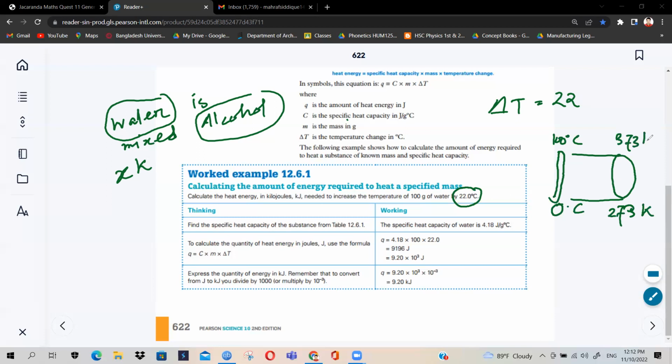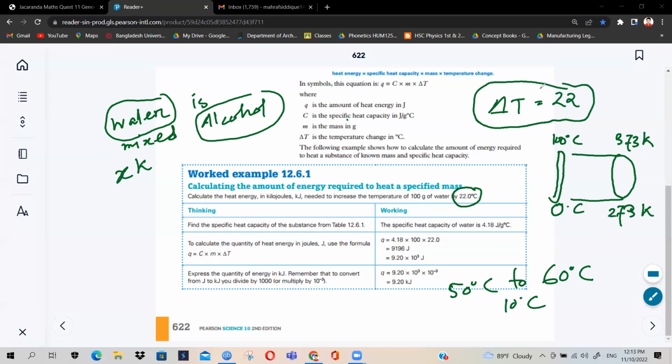Now notice, whenever I'm saying that the temperature of water is increasing from 50 degrees centigrade to 60 degrees centigrade, what does it imply? The increase of temperature is 10 degrees Celsius, right? That is what we need, the delta T. Is it correct? Yes.